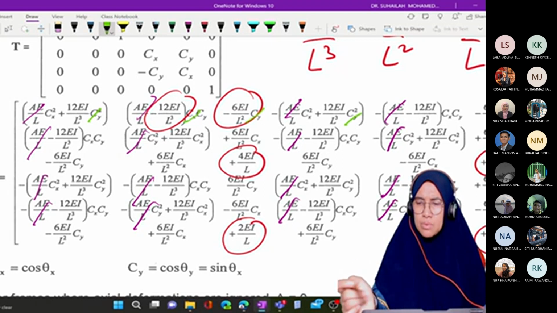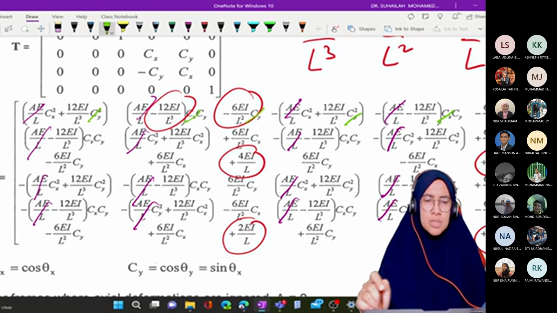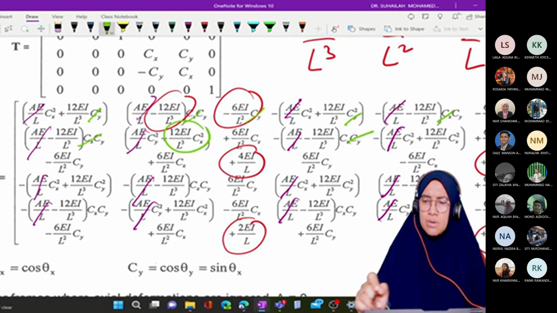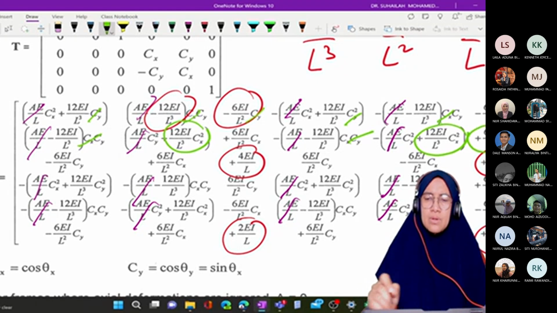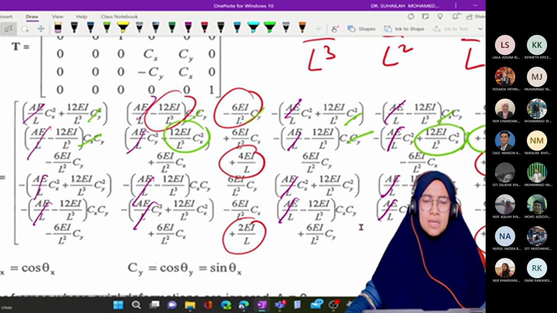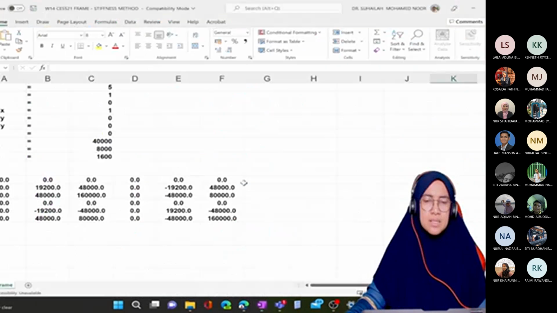This is Cy 0, this is also Cy 0. So this one has a value, Cx. Cx has value, here 0, here 0. This one has value. So the rest are 0. So actually the value in the matrix is like this.